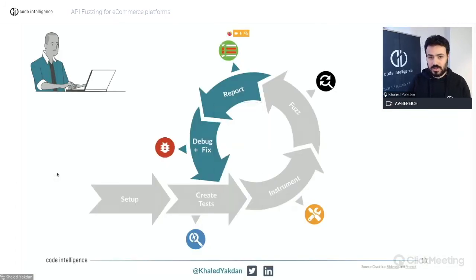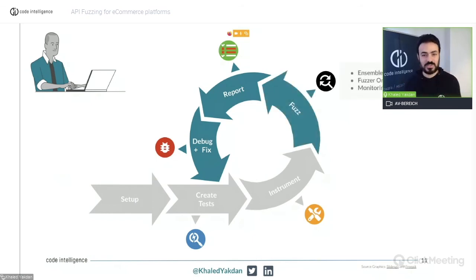Now that we saw how reporting looks, to produce this report, we fuzz. I don't think I want to go into too much technical detail unless you have questions, of course.